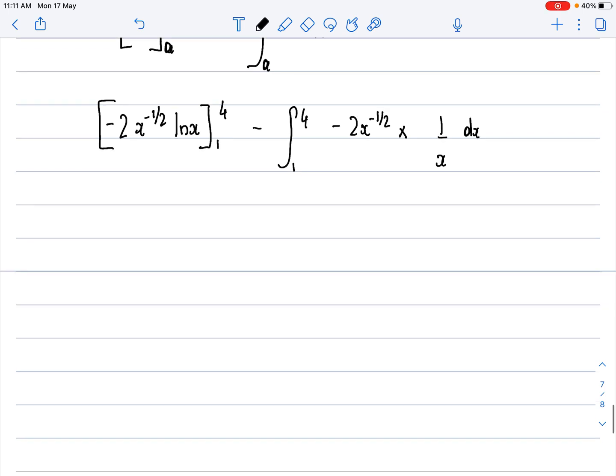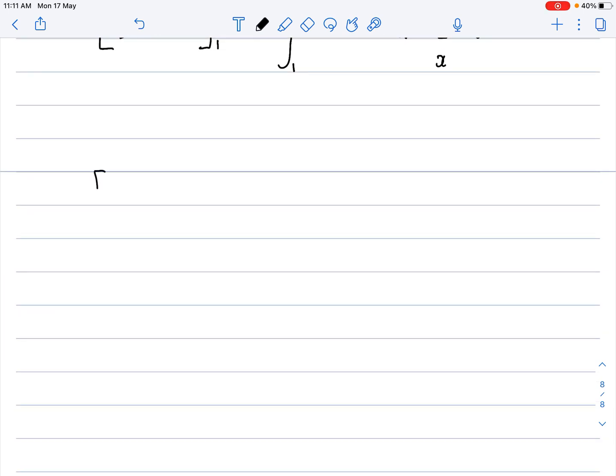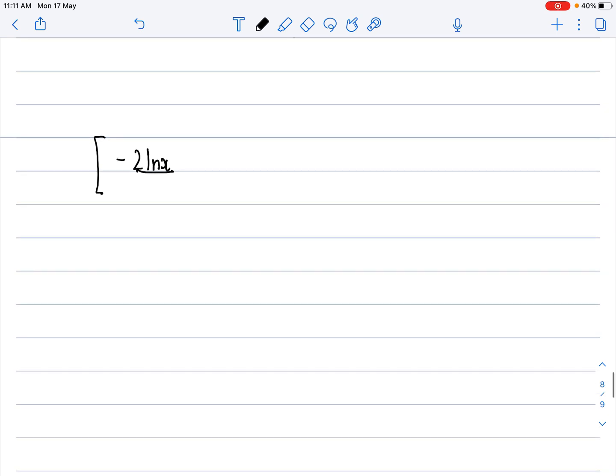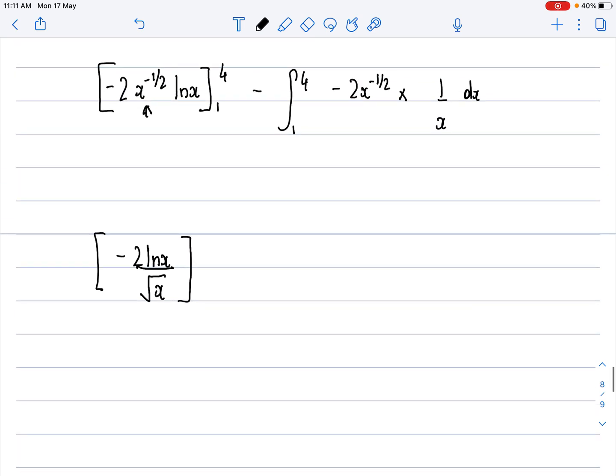Now I can write this as minus 2 ln x over, I know x raised to minus half can be written as 1 over x raised to half, which is simply root x, with the limits 1 and 4.